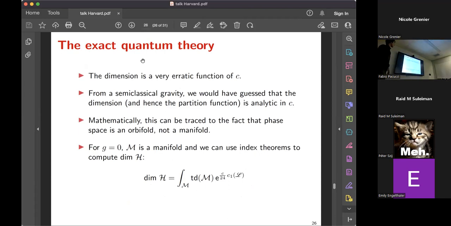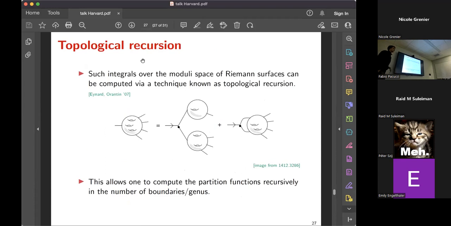But one last thing I want to mention is that there's a very nice technique, called topological recursion, that computes these types of integrals over moduli space. Roughly speaking, the idea of topological recursion in a picture is like this. If you want to compute an integral over the space of surfaces with some given number of boundaries and some genus, then you can split up the computation into a sum over different contributions.